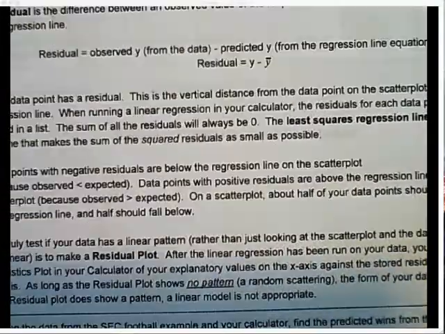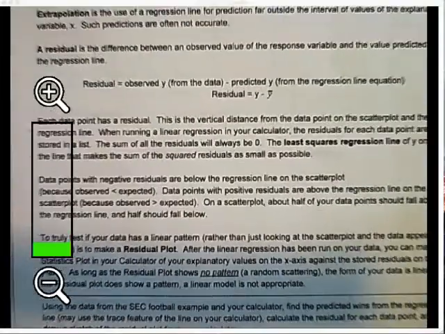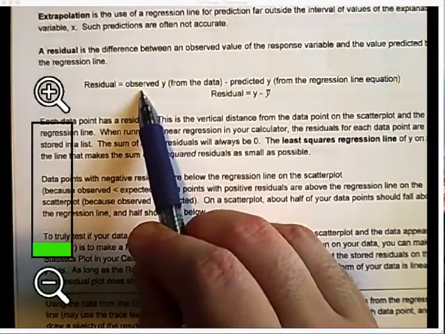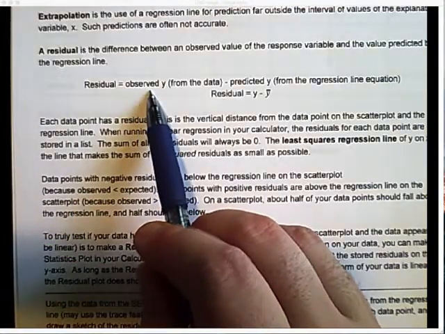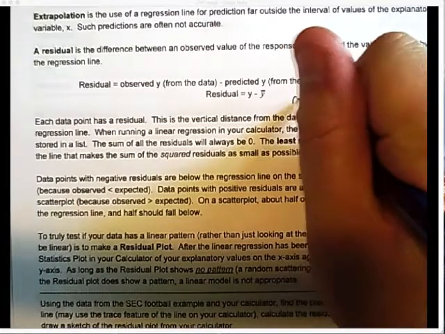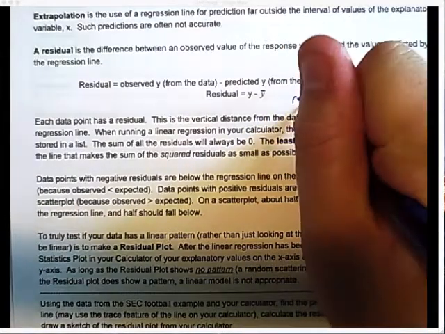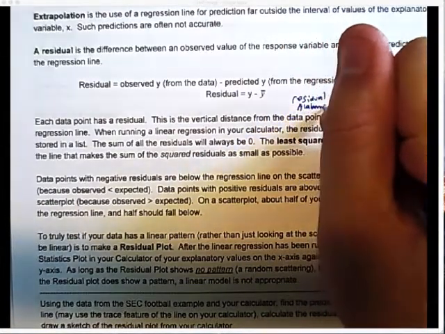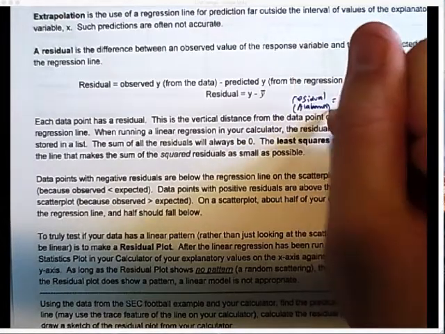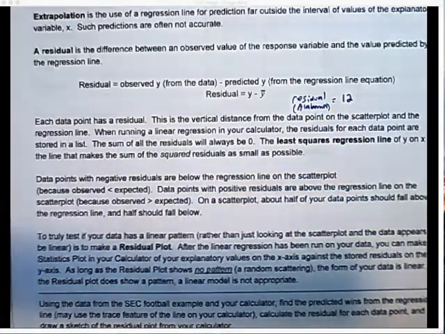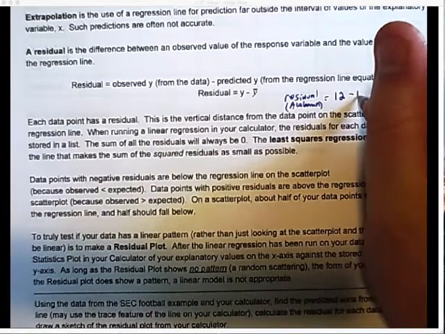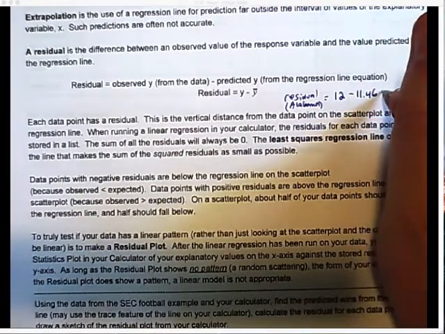The way we calculate it is we take what was observed, like Alabama's actual. So the residual for Alabama: they actually won 12 games, but the line predicted that they would have only won 11.46 games.